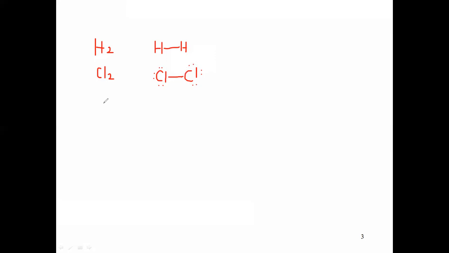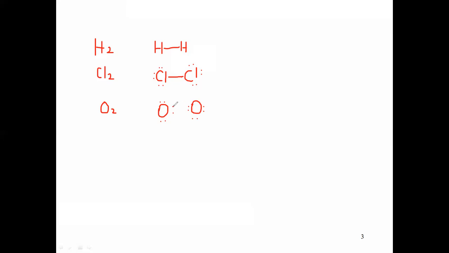Now we will move on to another molecule, for example, the O2 molecule. You can try it yourself and then check. Oxygen atom with its valence electrons 1, 2, 3, 4, 5, 6, and the next oxygen atom 1, 2, 3, 4, 5, 6. 6 valence electrons on each oxygen atom.